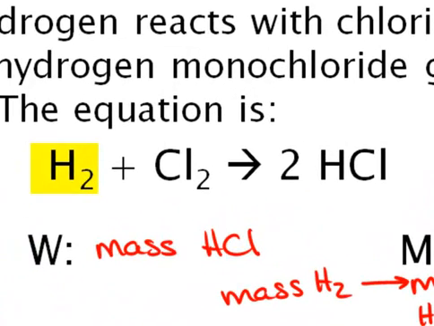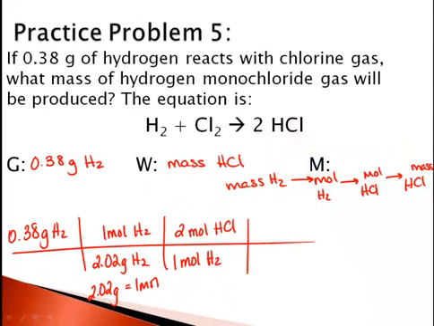I see that I have 1 mole of H2 in the equation and 2 moles of HCl on top. I then need the molar mass of HCl, and 1 mole of HCl has a mass of 36.45 grams of HCl. Our grams of hydrogen cancel, our moles of hydrogen cancel, our moles of HCl cancel. We're left with grams of HCl, which is what we want.